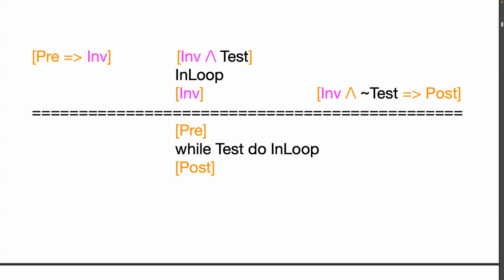When the test stops being true, so that invariant and test are not satisfied, but invariant and not test are satisfied, if that implies the postcondition, then I'm good. So the upper block defines the meaning in dynamic logic, the precondition, postcondition, assume-guarantee format of the while loop.